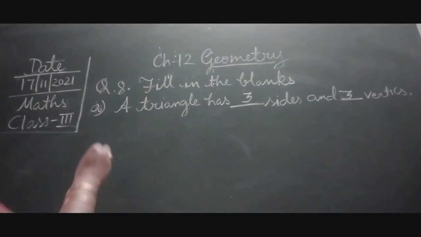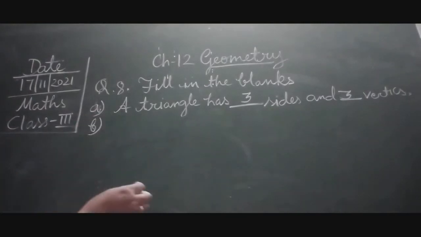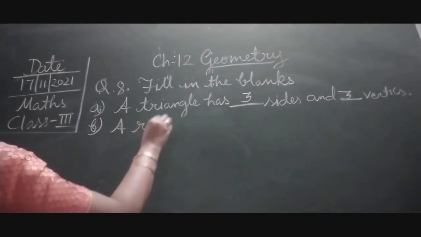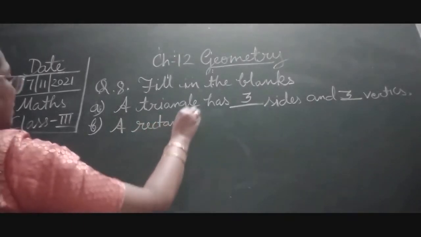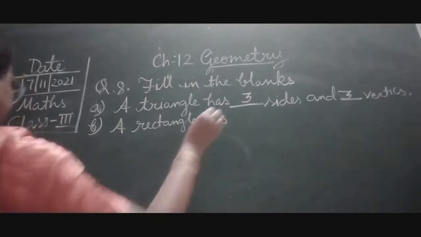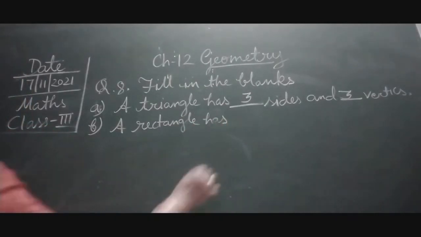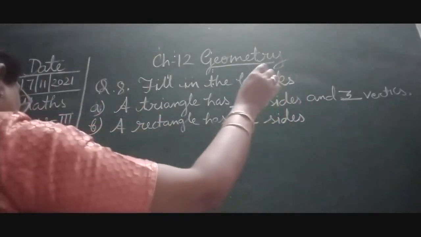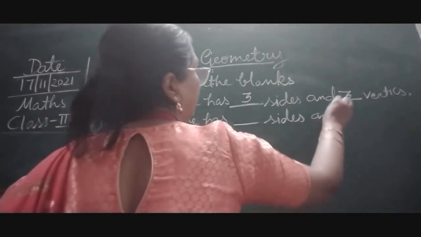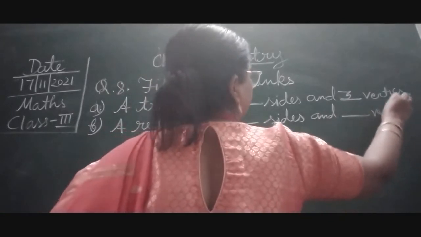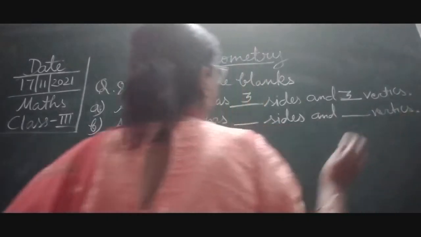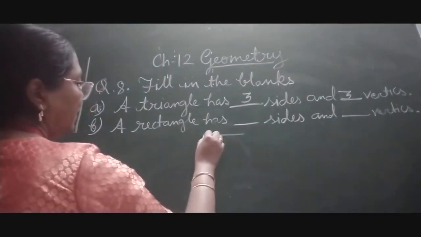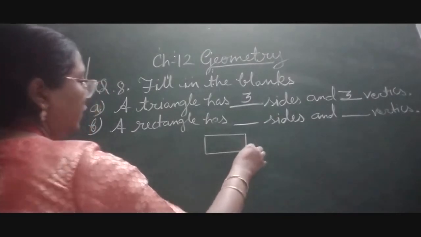Now B number, a rectangle has dash sides and dash vertex. So here children, a rectangle has, you can see a rectangle. I am drawing over here.